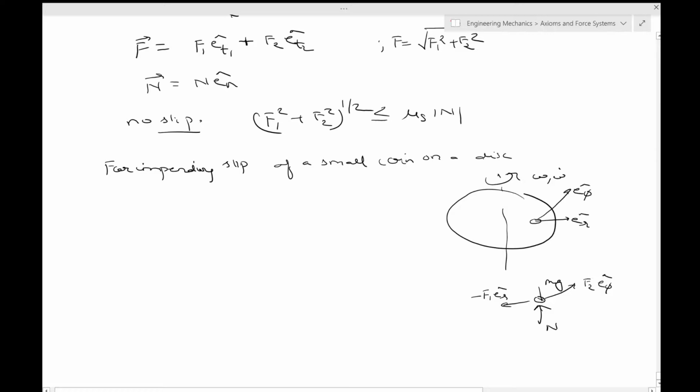Okay, for impending slip of a small coin on a disc rotating about a fixed vertical axis with angular acceleration.